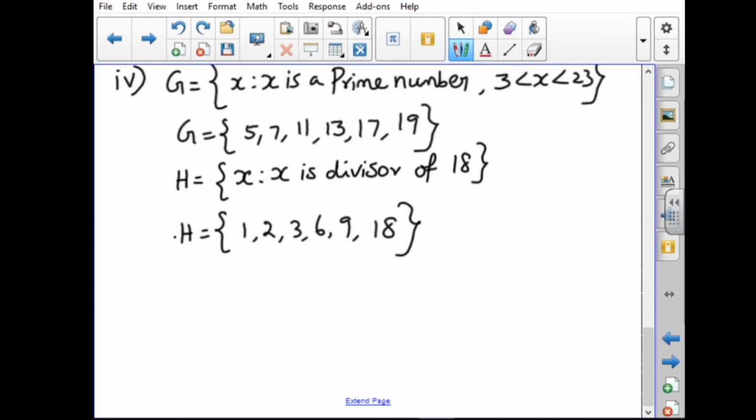These are the divisors. The elements are not equal, so we check the number of elements. Here n of G is equal to 6, and n of H is also 6. Both sets have 6 elements. If the number of elements is equal, it is called an equivalent set.